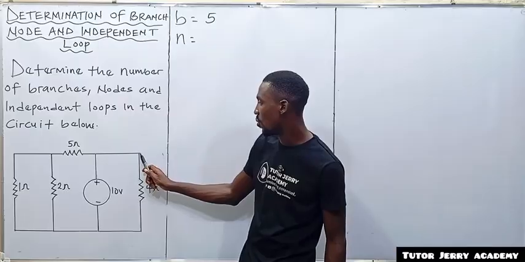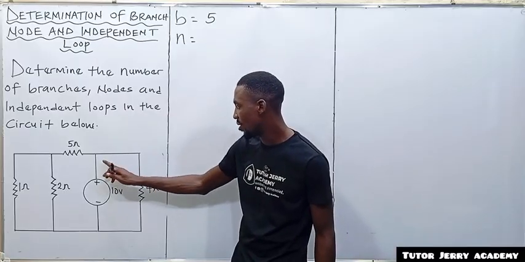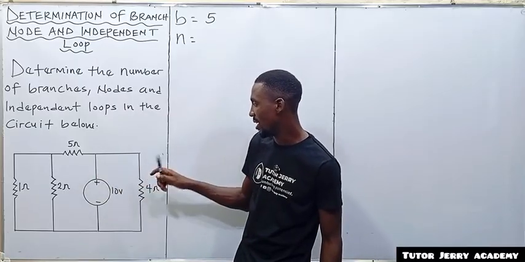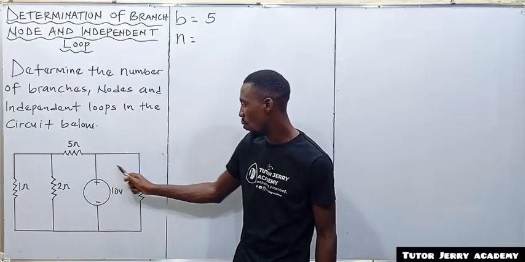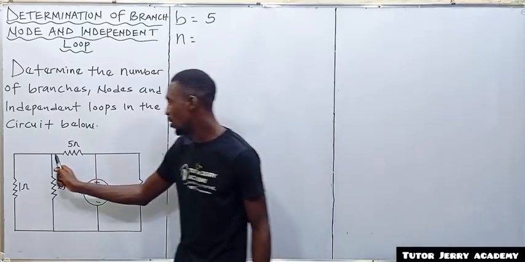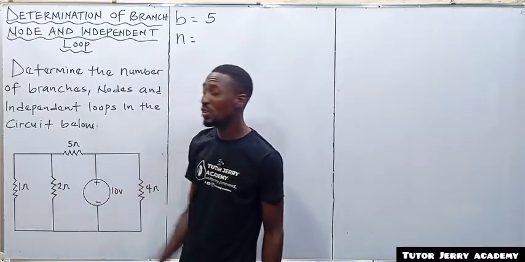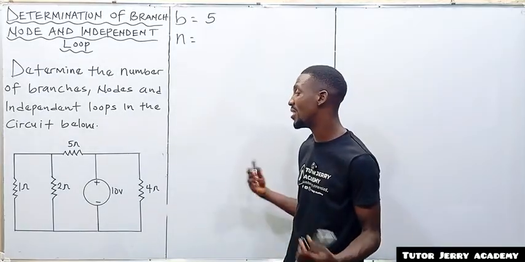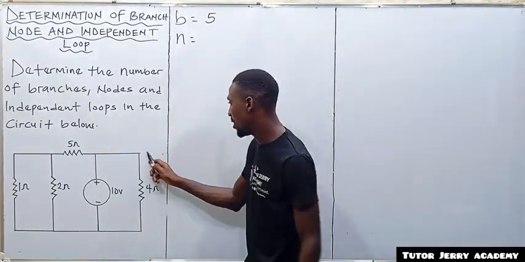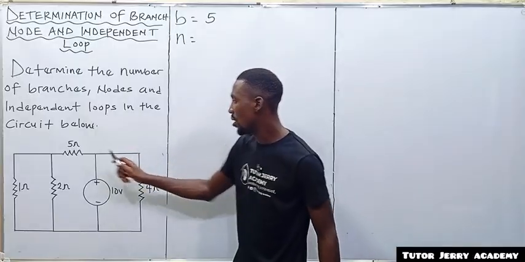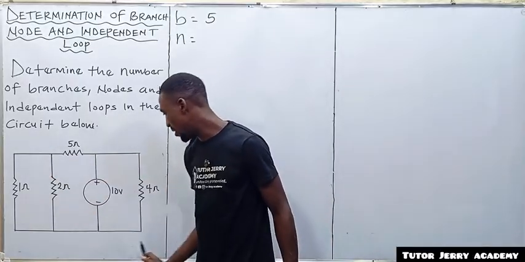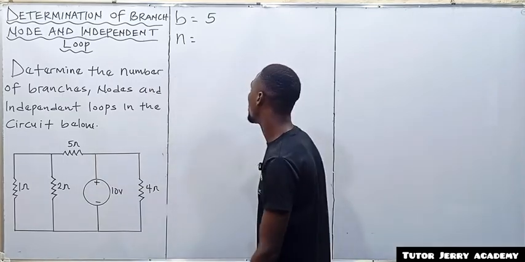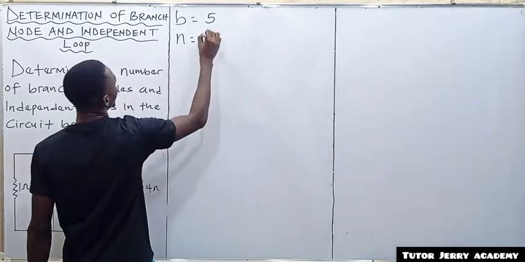And this wire here is a short circuit connecting this and this again, so we treat it as one node, and this one too we treat as one node. So this circuit has how many nodes? Just 3 nodes.